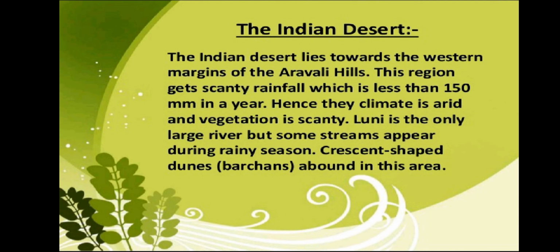Luni is the only large river, but some streams appear during rainy seasons. Crescent shaped dunes, sand dunes I told you about, formed with the flow of wind, are found. They are abundant in this area. This is all about the Indian desert.